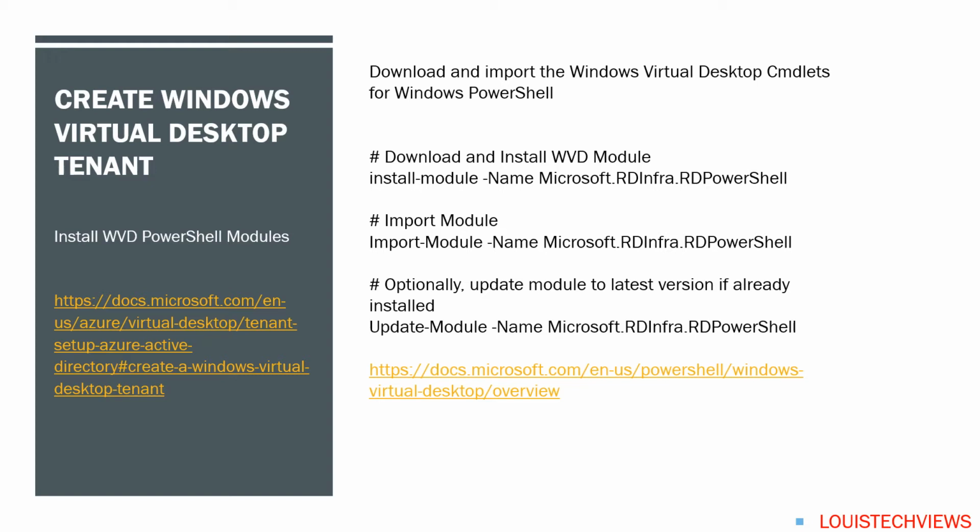Now what you want to do is import the module. You would just say Import-Module and provide that same name back to it. And then optionally, if you have a system where you've already installed that module, you may want to run Update-Module against that module name so you can update to whatever the latest version is at the time you're going through these steps.